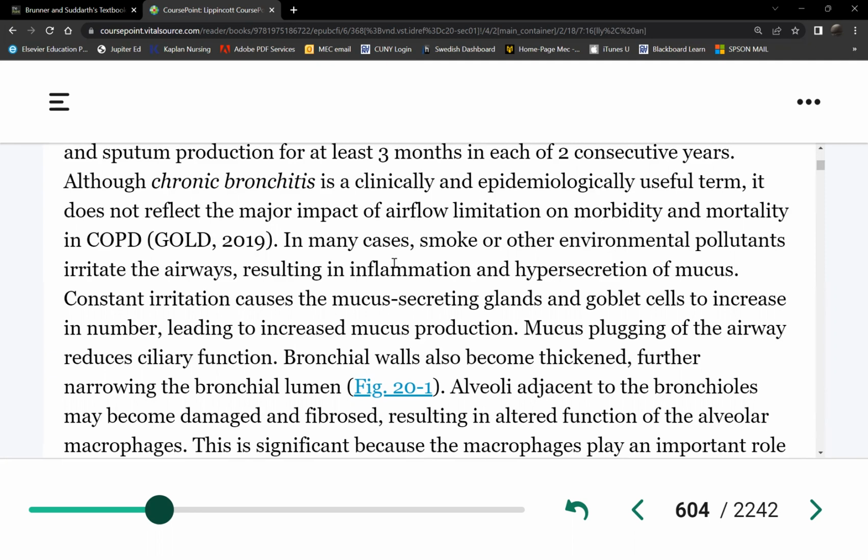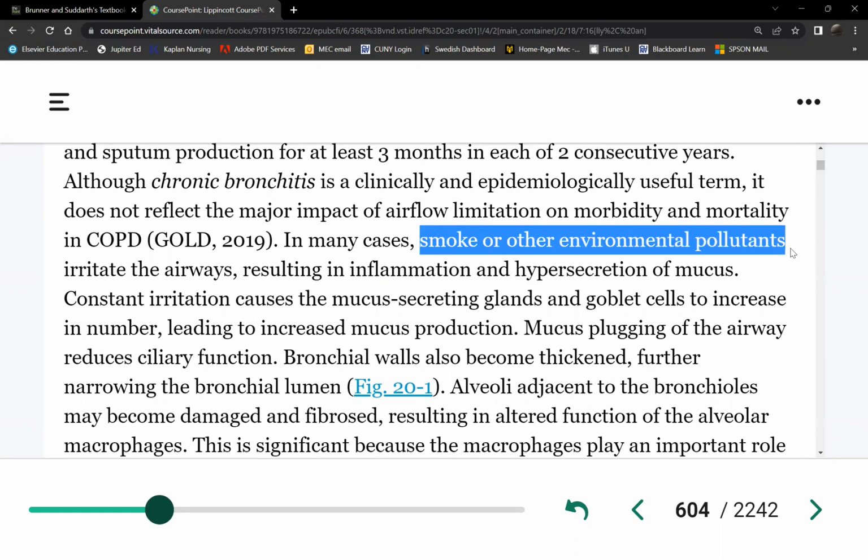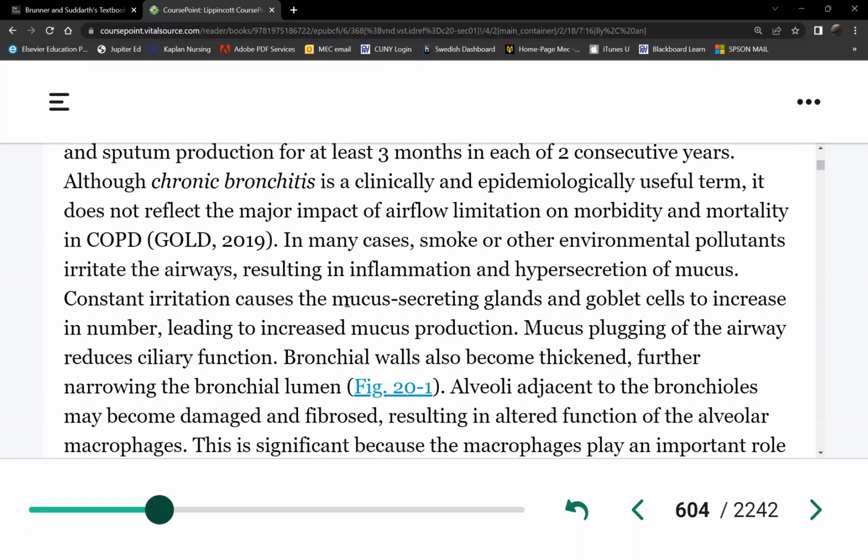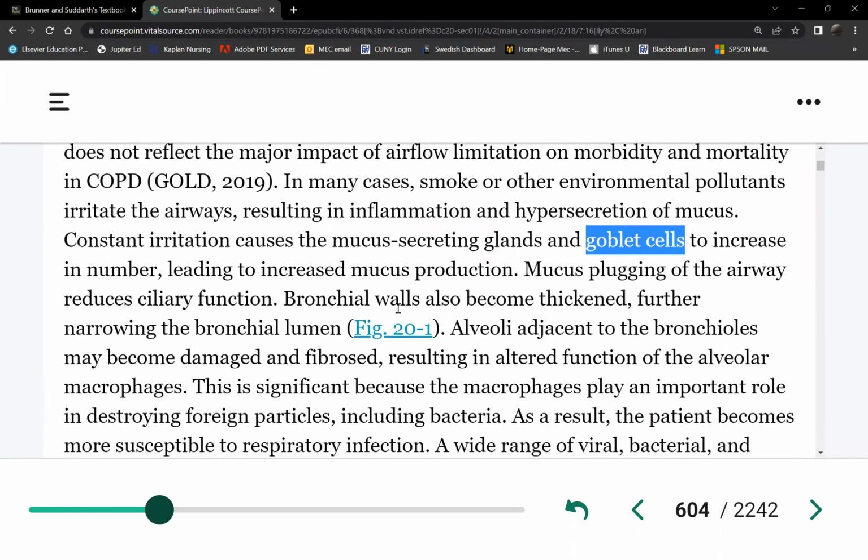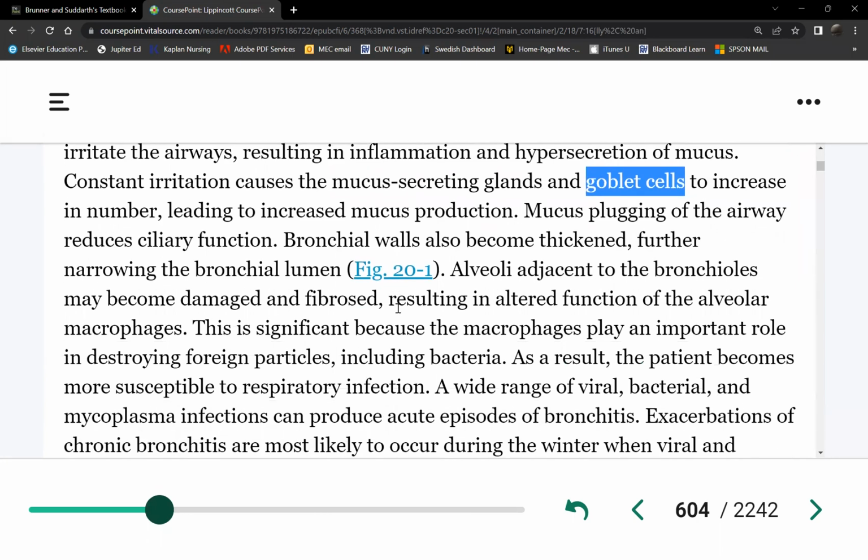Smoking. Okay, either first-hand, second, or third-hand smoking. So that causes irritation, correct? So cigarette smoke or other pollutants irritate the airways, and then this again causes mucus secreting glands called the goblet cells to increase mucus production, and you know the rest.